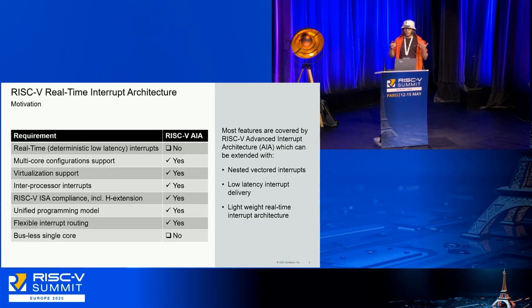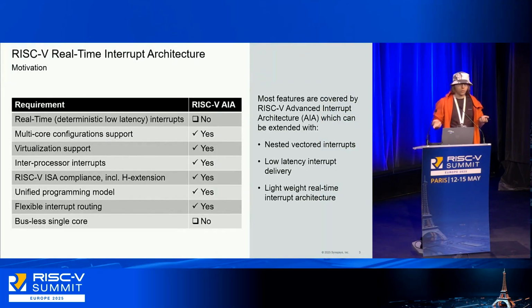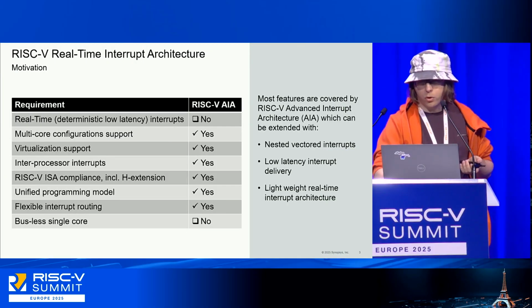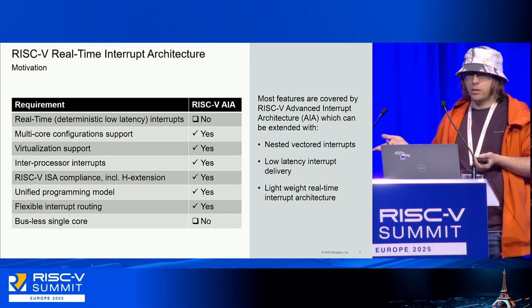So, we have several requirements for interrupt architecture. First of all, we need real-time interrupt itself, deterministic low latency interrupt. We want to have multi-core and virtualization support, as well as features like interprocessor interrupts and flexible interrupt routing. On the other hand, we also want to support resource-constrained systems like busless single-core systems.